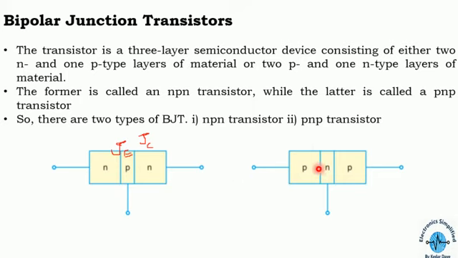From this doping level we can also understand that there will be some majority charge carriers: for the p type semiconductor there will be holes, for n type semiconductor there will be electrons, and for p type semiconductor there will again be holes. So this is the basic definition.